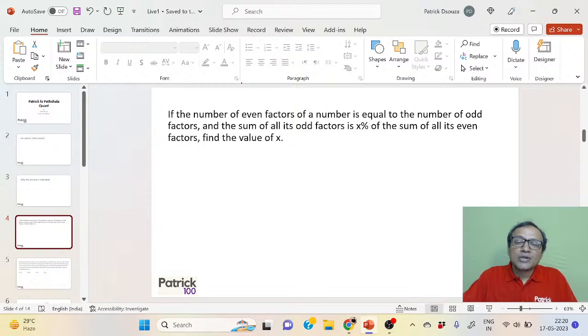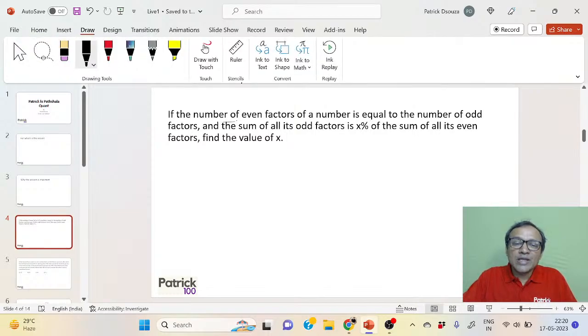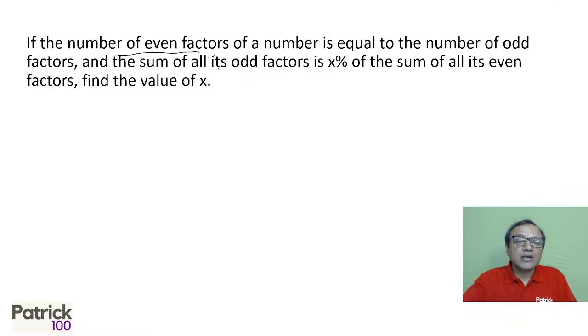Okay. Now, the number of even factors of a number is equal to the number of odd factors. So let's take a simple number which satisfies this.